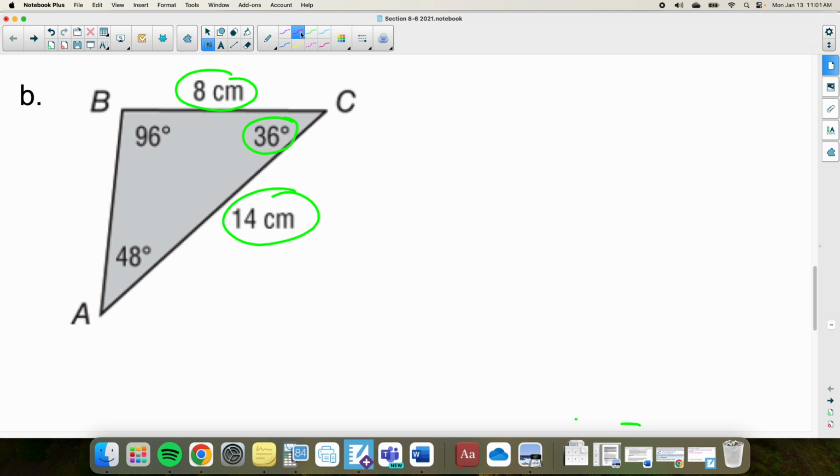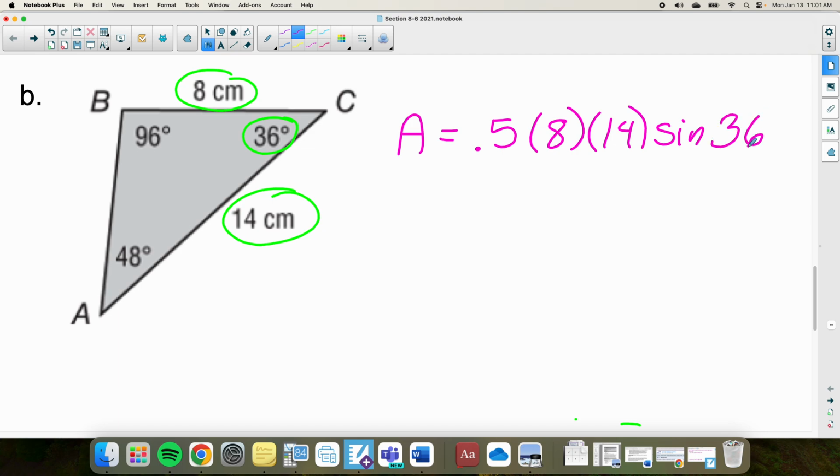So what we would do then, area would be 0.5 times the two sides multiplied together, so 8 times 14 times the sine of our angle 36. So let's go ahead and do that.